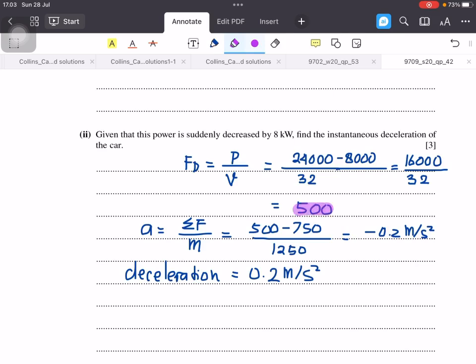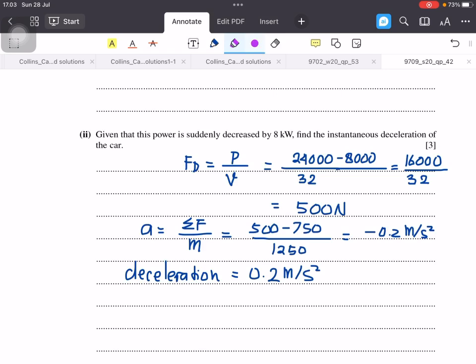The driving force decreased to 500 Newton, but the resistance remains constant. So now there is a net force of 500 minus 750 Newton.